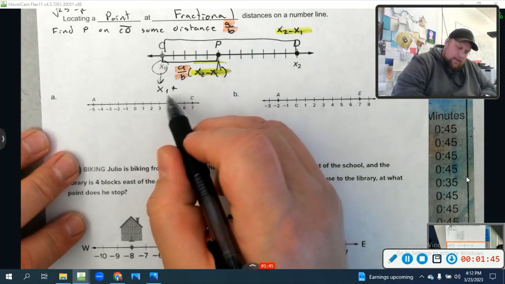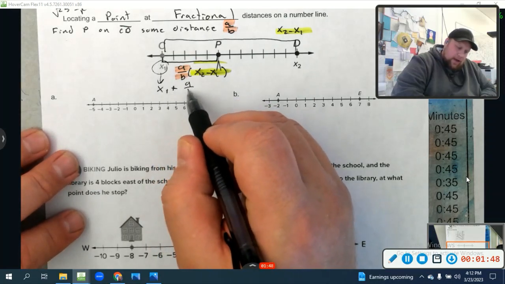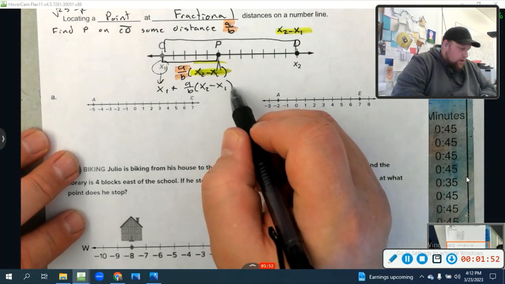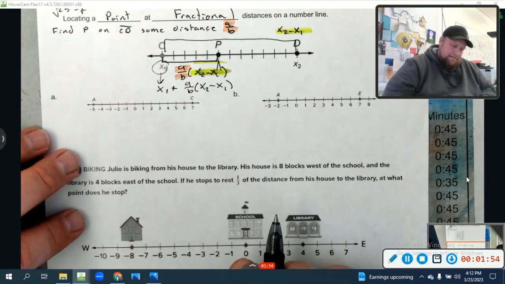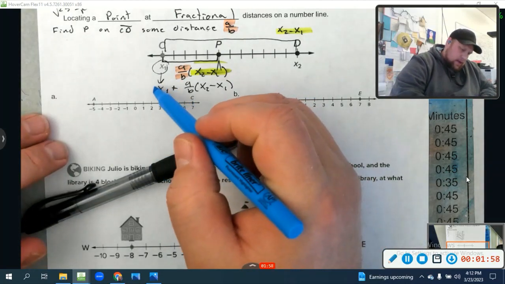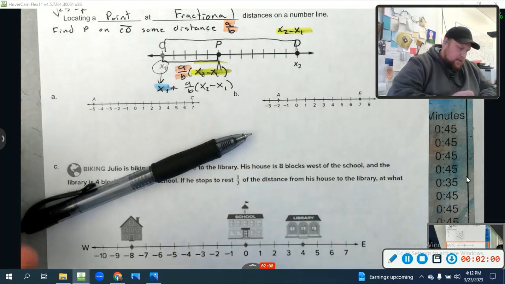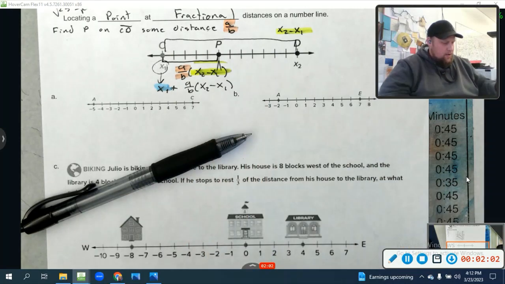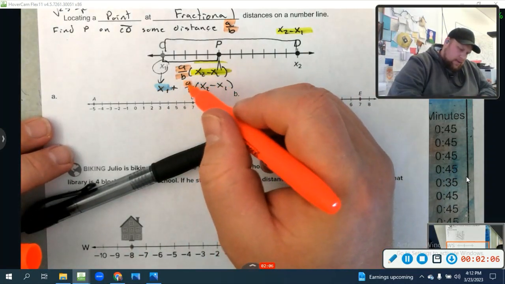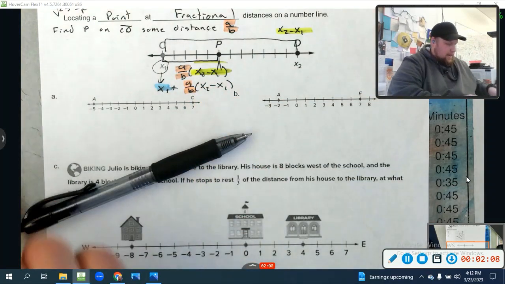So if I take x1 and add to it that fraction times the overall distance, I will end up with my point P. That's how this works. I'm going to color code it in a second as we calculate an actual problem. I know this looks a little confusing. Just bear with me. It will all make sense in the end. It looks harder than it actually is.